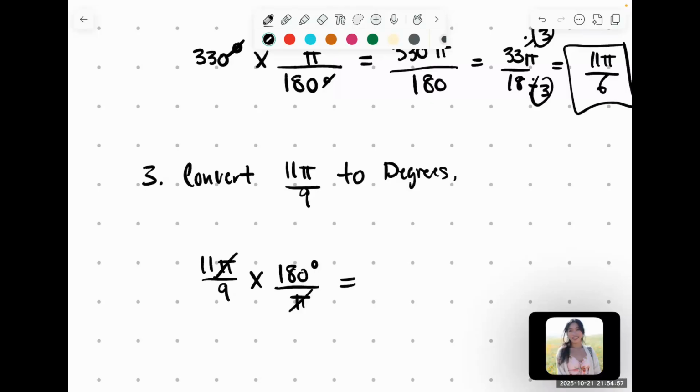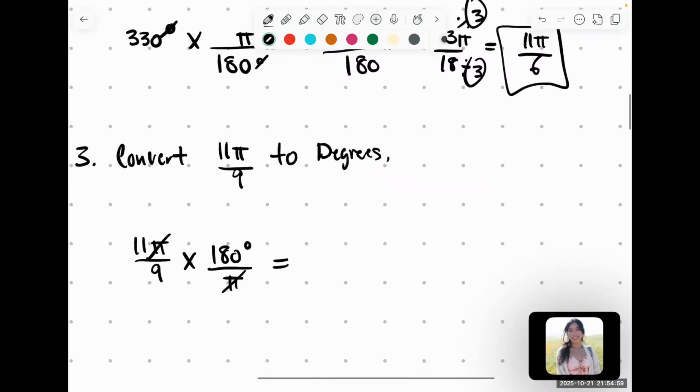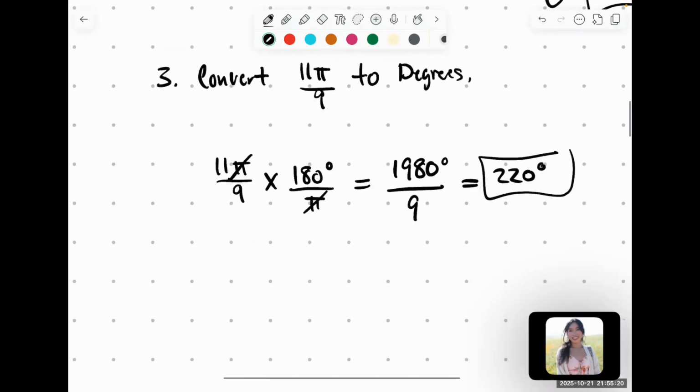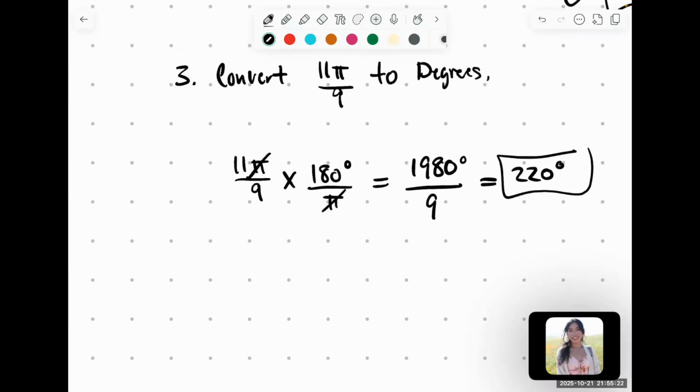This gets rid of pi, and then we're going to do 1980 degrees over 9, which gives us, okay, this is much better, 220 degrees. And that should be our final answer. Last one, we could do, let's see.